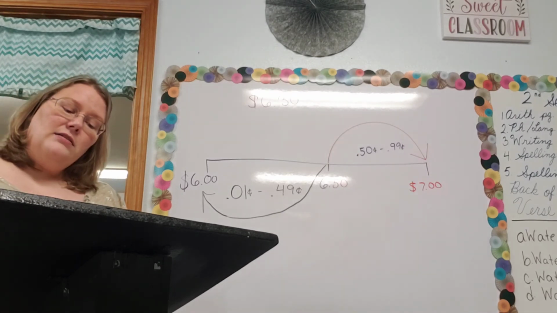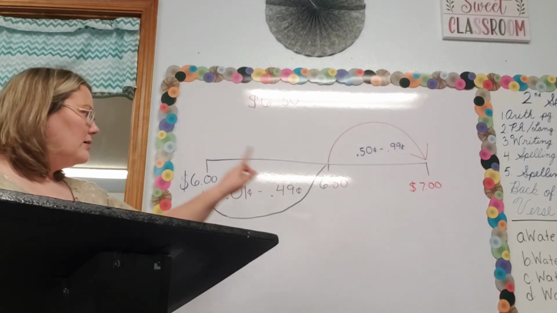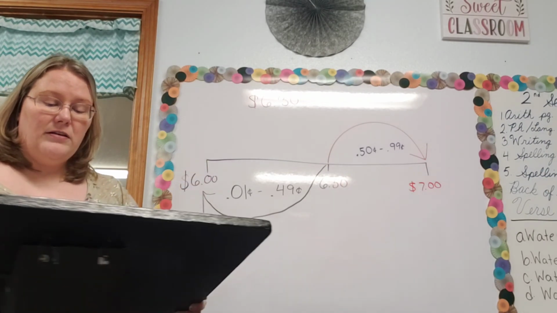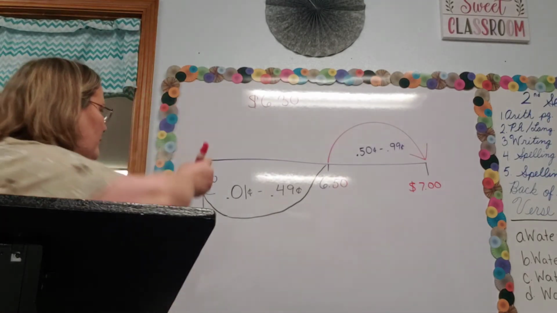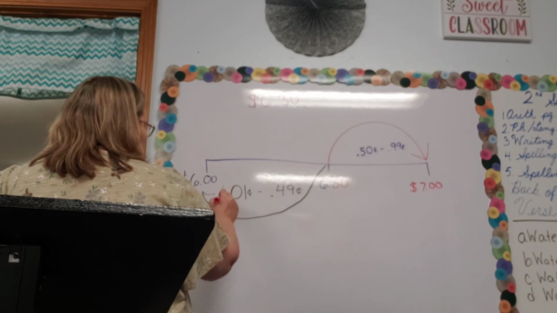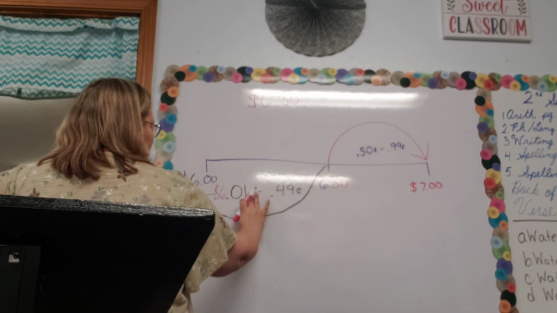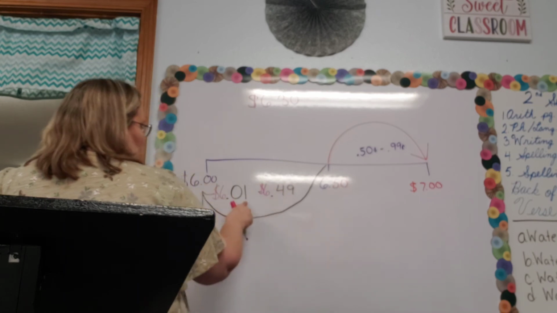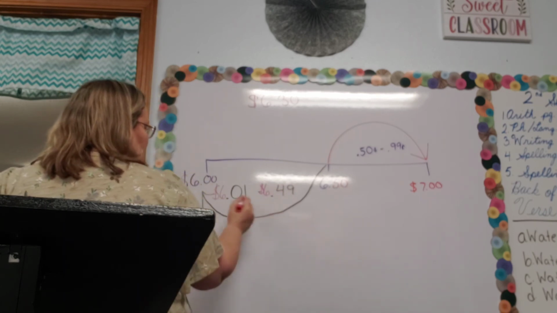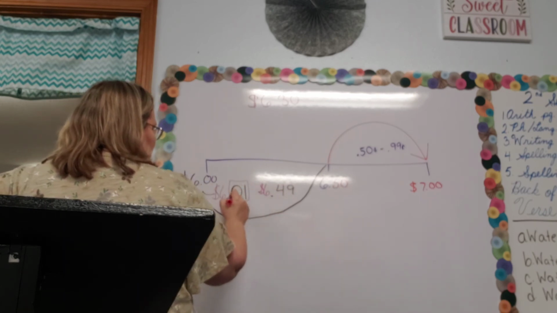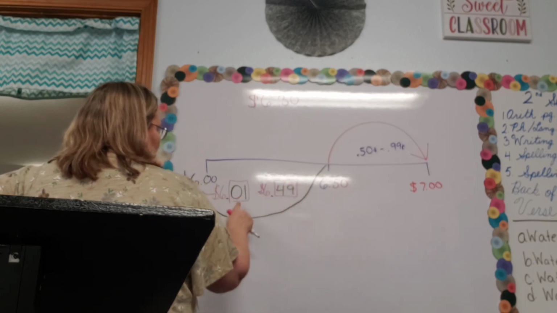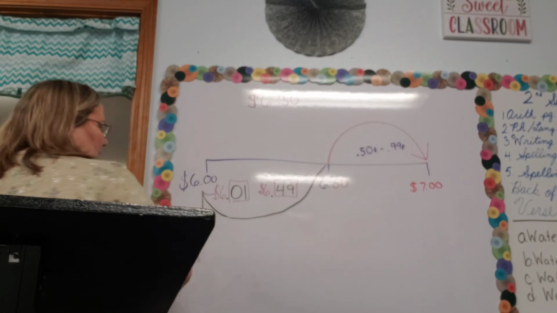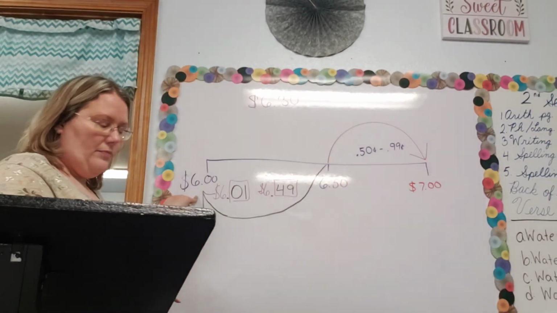To decide whether to round an amount back to the dollar or forward to the dollar, we have to know some things. If we had $6.01 to $6.49, we're going to look at our cents, and if they are from 1 cent to 49 cents, it's going to round back down to the lower dollar.